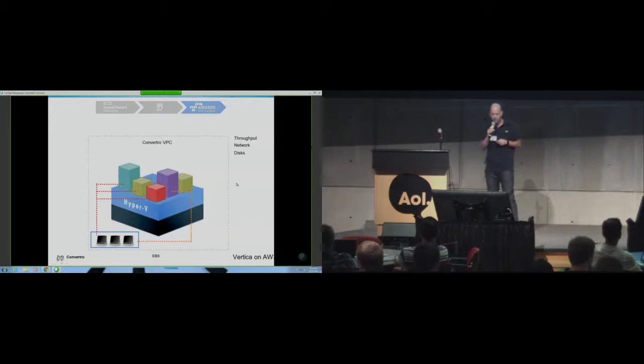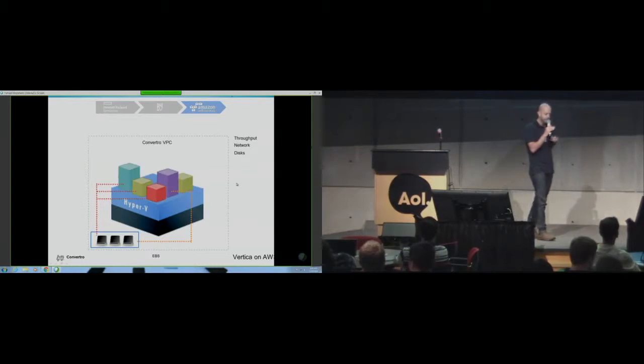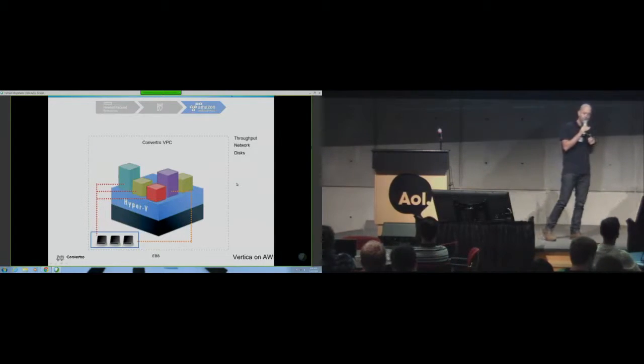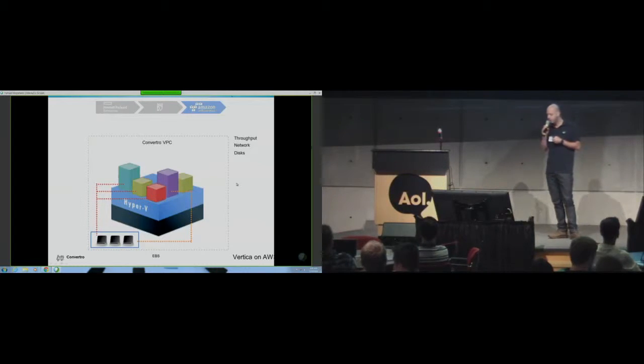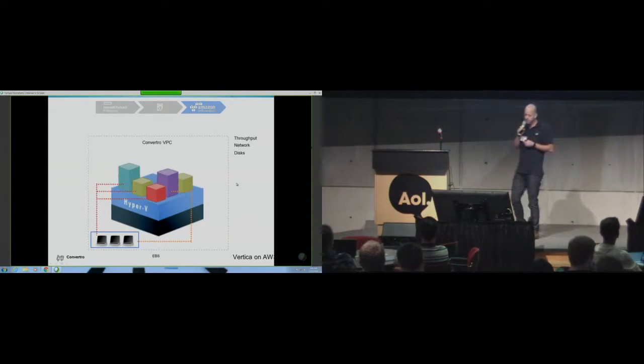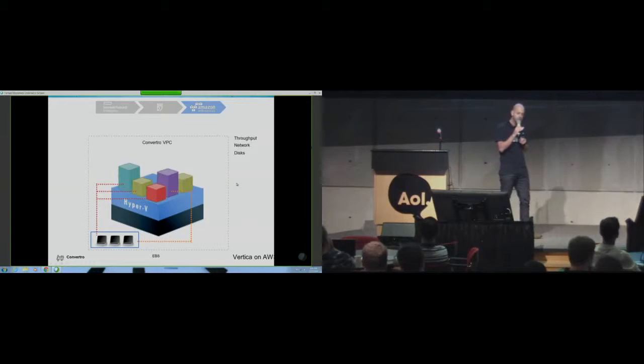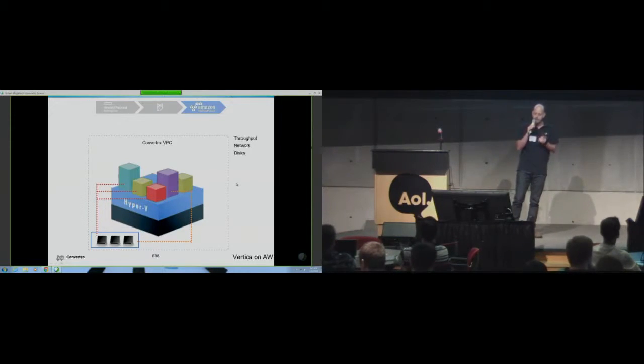You also need to choose an instance that has the feature of enhanced networking, so you will get a better packet per second and a lower latency. And you need to choose an instance that is EBS optimized. So you can see here that there are 3 instances sharing the same channel, the same bandwidth to the storage system. But another one is EBS optimized, and it has a dedicated channel for the storage system.